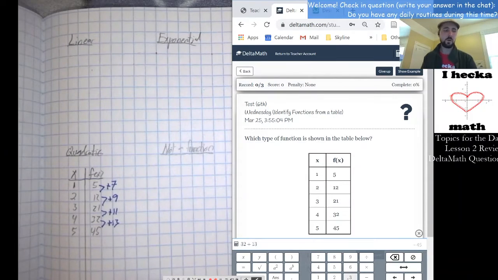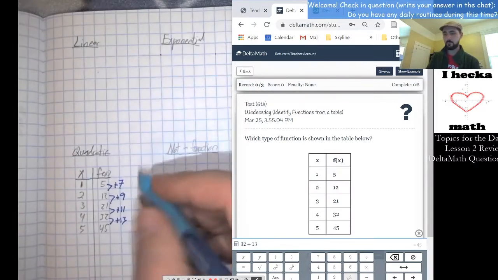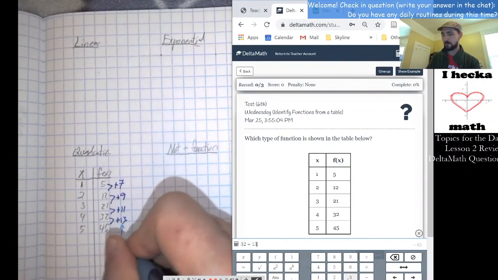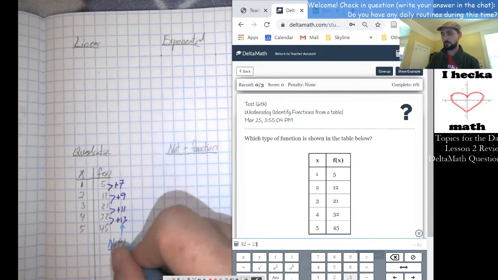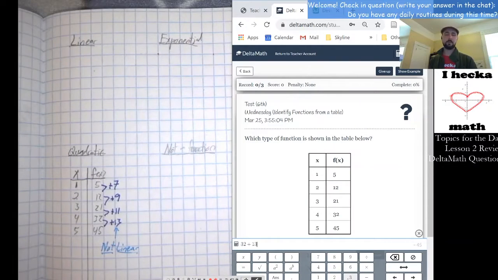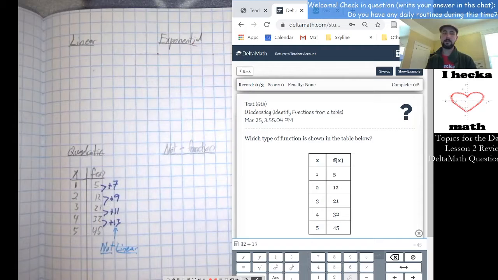Okay, so what this tells me immediately, the fact that these numbers are different, is that it's definitely not linear, right? For something to be linear, that addition needs to be the same all the way through.